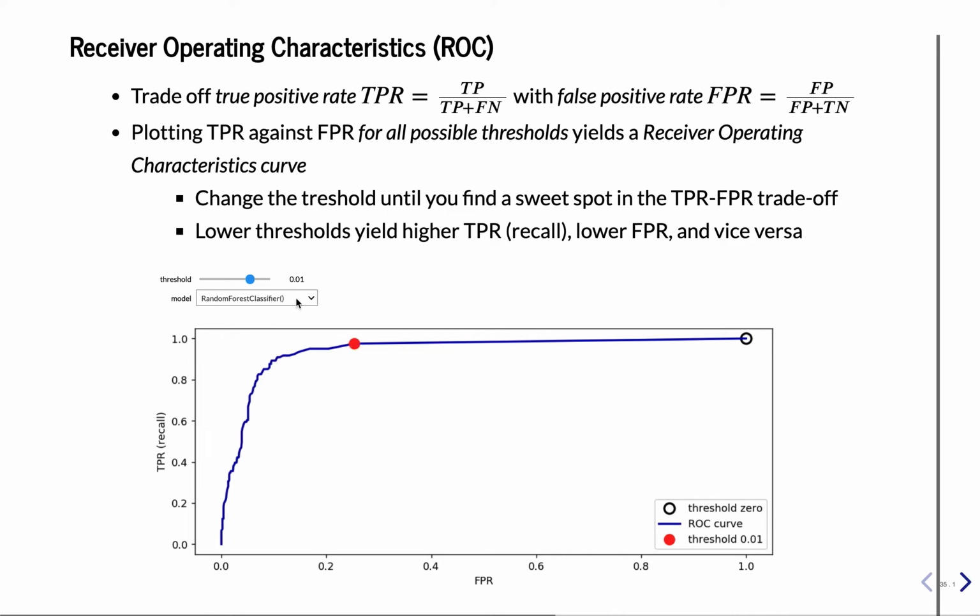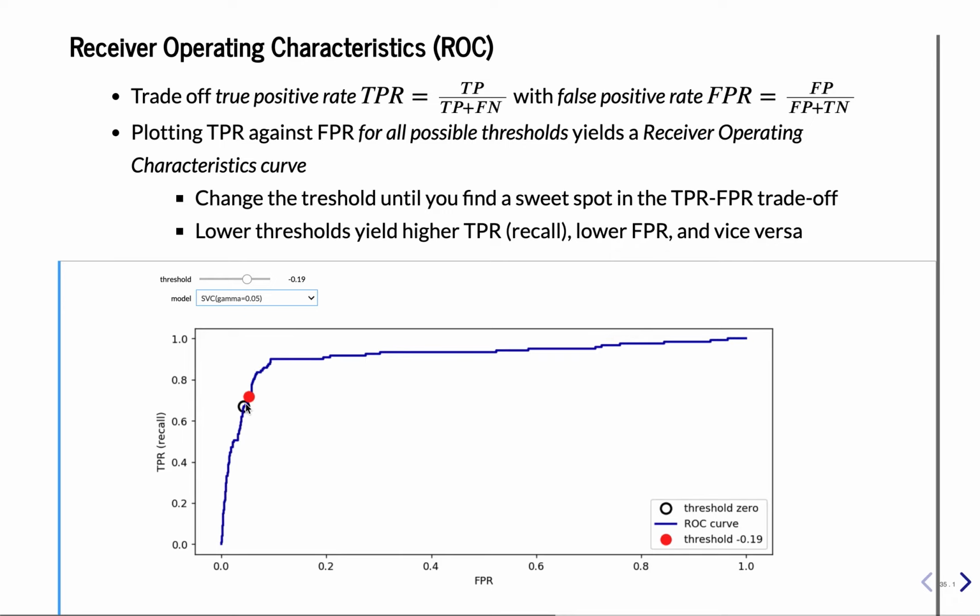So our default here was here, so it's threshold 0. Now, if I want more true positives, right?